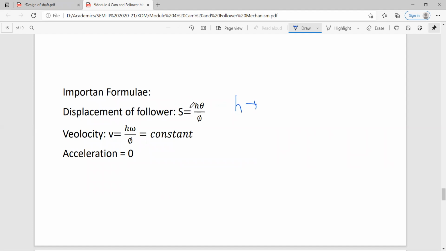S is the displacement of the follower at any angle theta. Theta is nothing but the cam rotation angle.